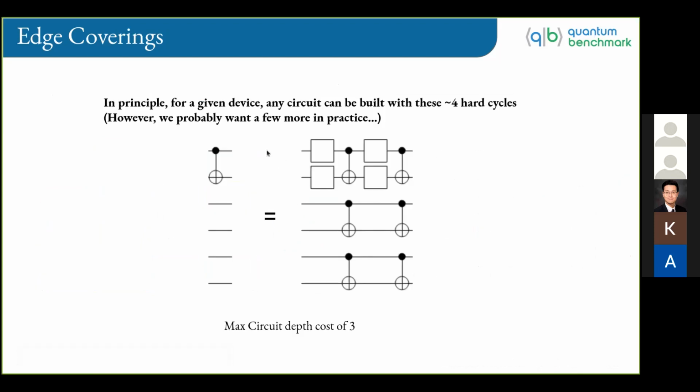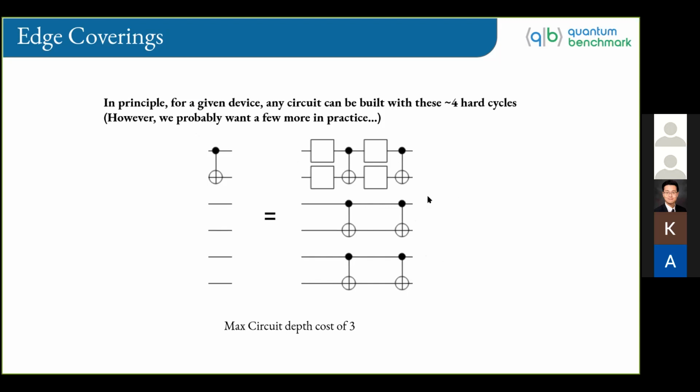And you can compile any circuit into these 4 cycles if you want, right? So you can take just a single C-naught and you can write it as the product of 2 hard cycles, which consists of simultaneous applications of C-naughts. So basically taking any circuit, you can write it in terms of these 4 cycles, which you can benchmark independently. In practice, you probably want more than 4 because you don't want to have such a dense circuit.